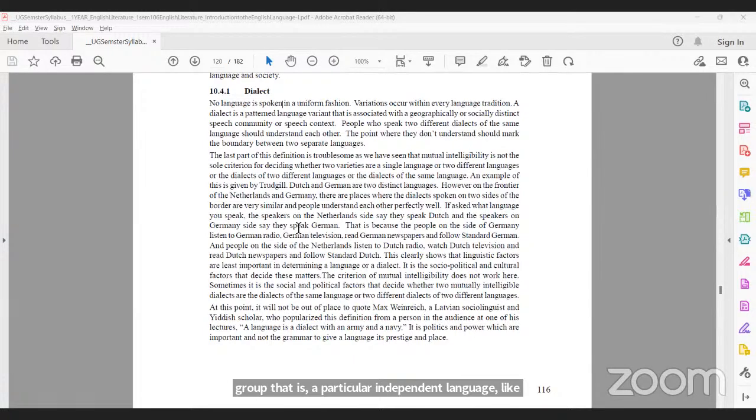As we have consonants and vowels, vowels are always independent, consonants are always dependent. Similarly, we have dialects which are always dependent upon the main language, the proto language or the mother language, maybe Hindi, Urdu, Tamil, Telugu, English. So we have so many varieties.